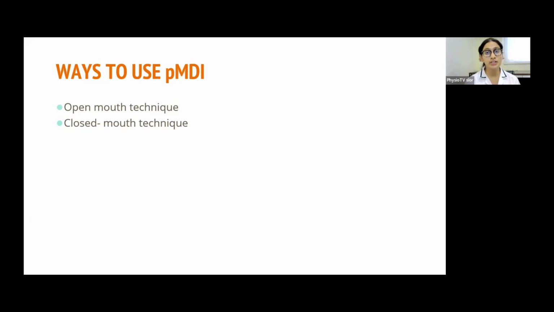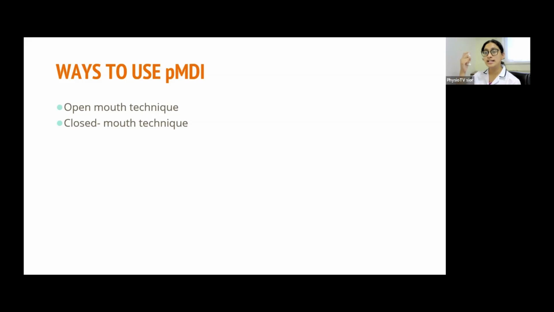Secondly, talking about the closed mouth technique, the patient needs to again follow the same steps: shake the canister and, if need be, give a priming dose. After that, sit straight and make sure that they have sealed the lips around the nozzle well, so that there is no leakage of medication outside.